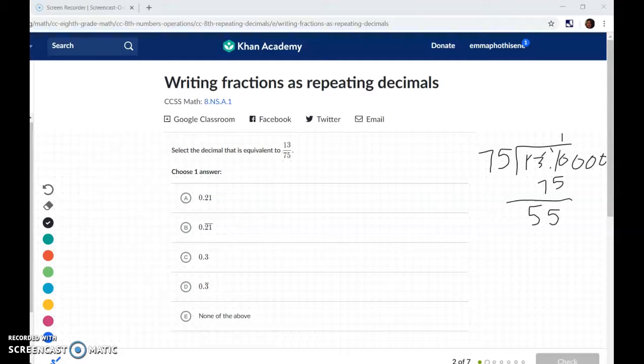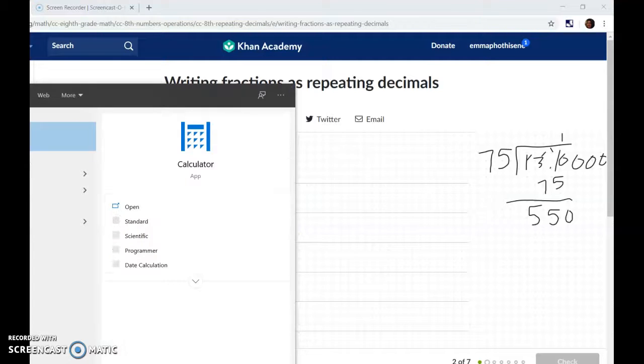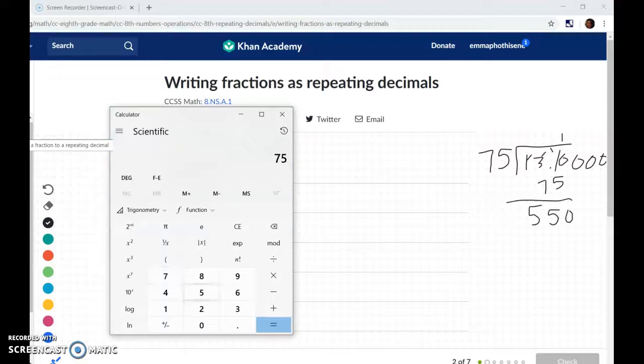Okay, now I'm going to bring down a 0. 75 goes into 550, I don't know how many times. I'm going to pull up a calculator here. So let's start with maybe 5 and go from there. 375, so I can still go up some more.